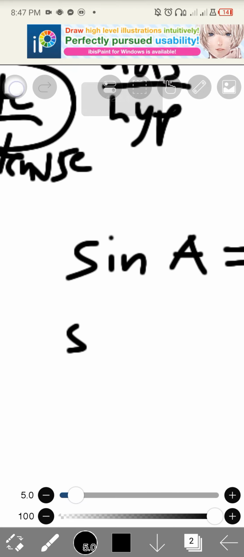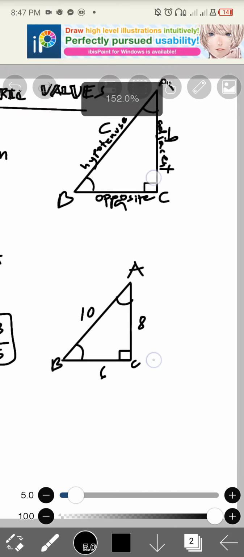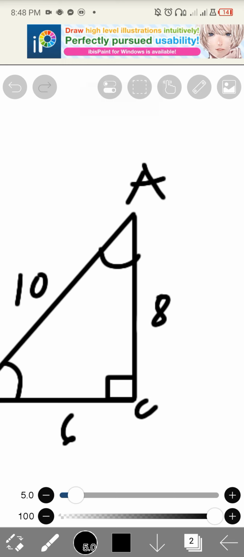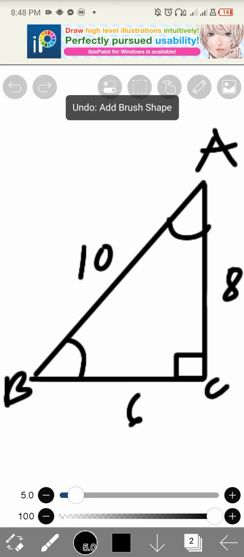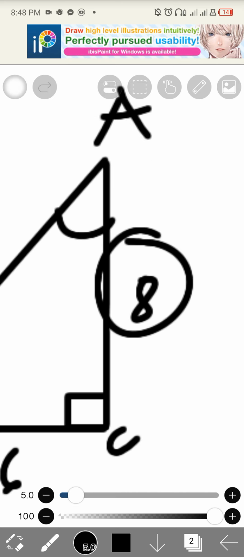So cosine of A is the adjacent to angle A. Again, adjacent is the side that an angle touches that isn't the hypotenuse. So it cannot be 10, since that is the hypotenuse, which leaves us with this side which measures 8.